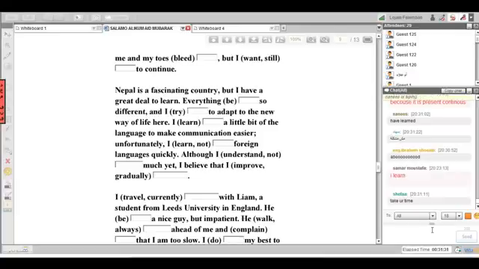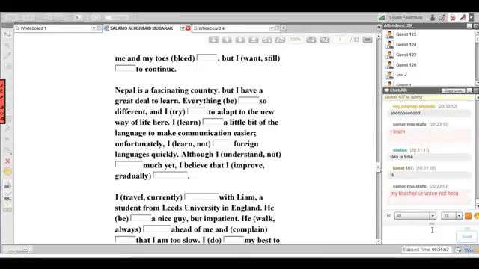So this is simple present. Everything is so different. Okay, and the verb try to adapt to the new way of life here. I with the verb try. Ihab Jaballah, I'm trying.